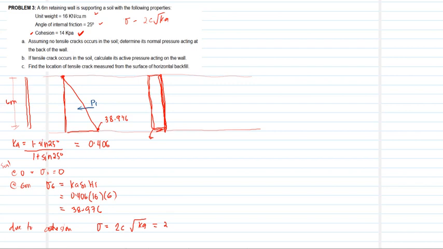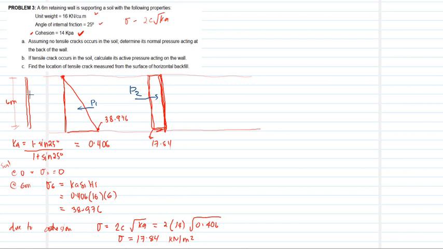So, that is 2 times 14, the square root of 0.406. So, if you calculate that, yung magiging pressure natin is equal to 17.84 kilonewton per meter squared. And say, yung ating force dito, due to our cohesion is P2. Okay? So, meron tayong P1 and P2.